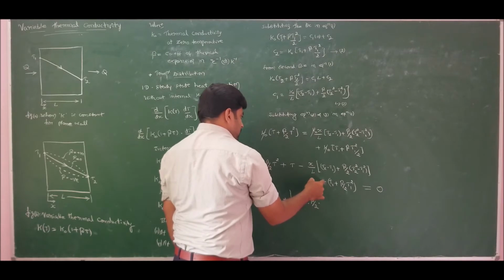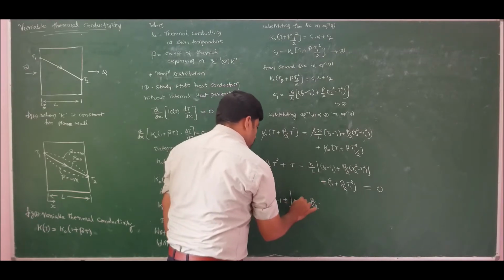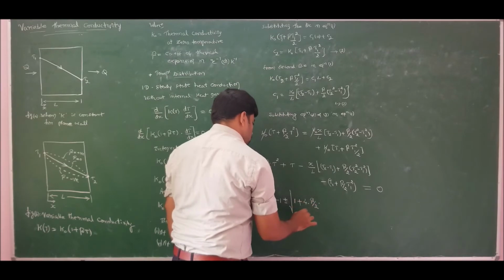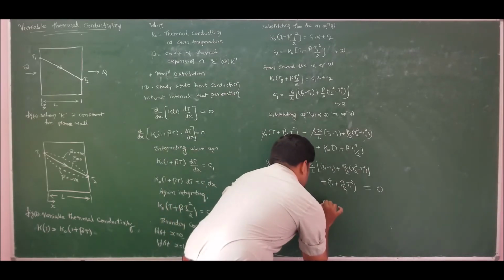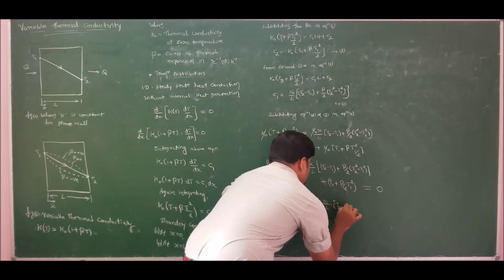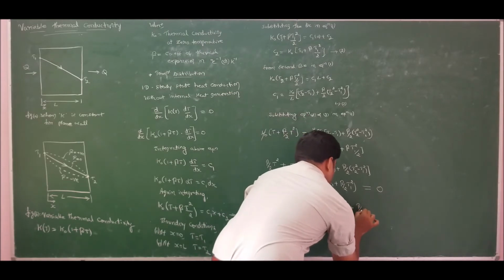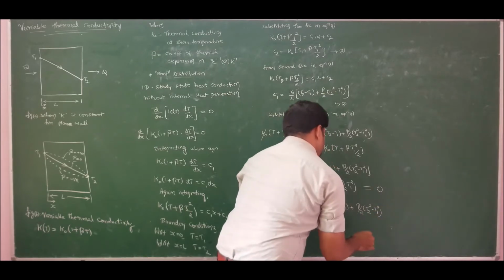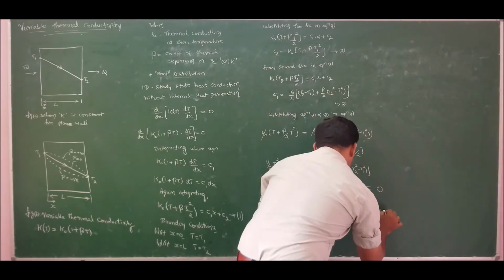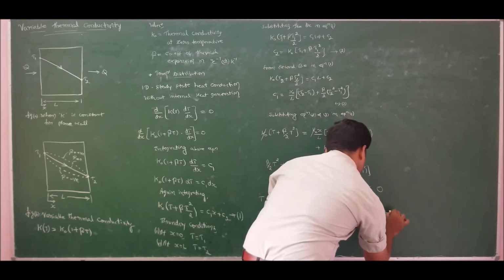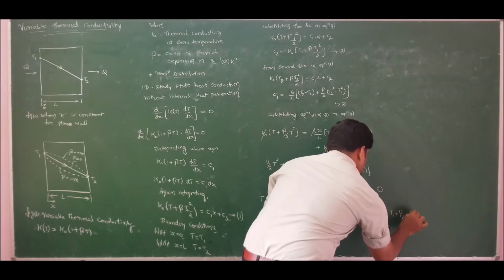If I take minus, minus of minus will become plus of x by L into T2 minus T1 plus beta by 2 of T2 square minus T1 square, plus T1 plus beta by 2 T1 square.